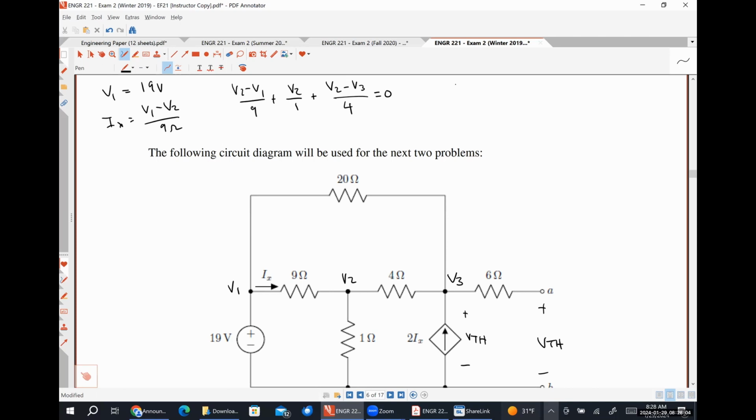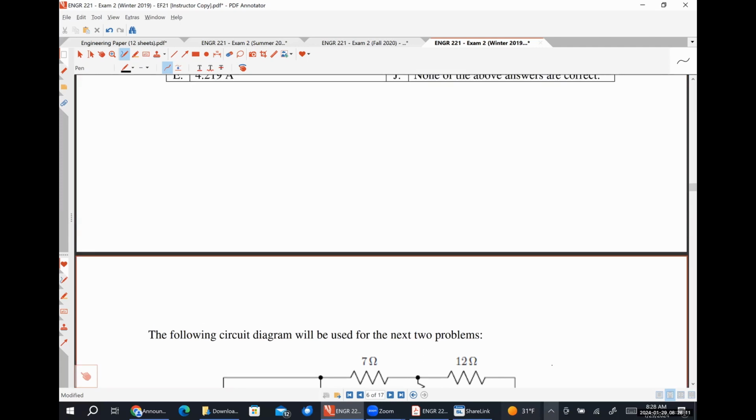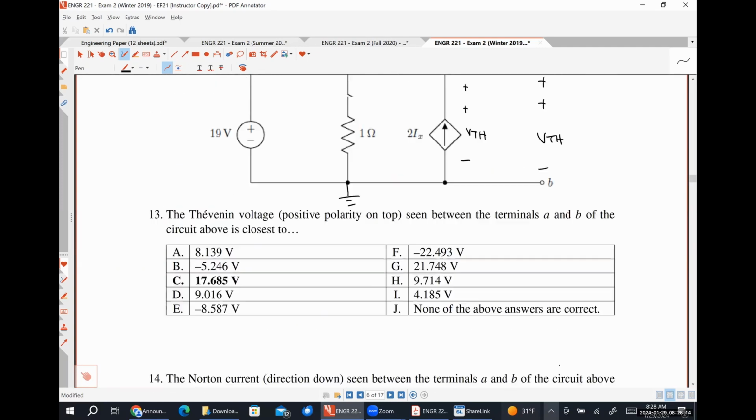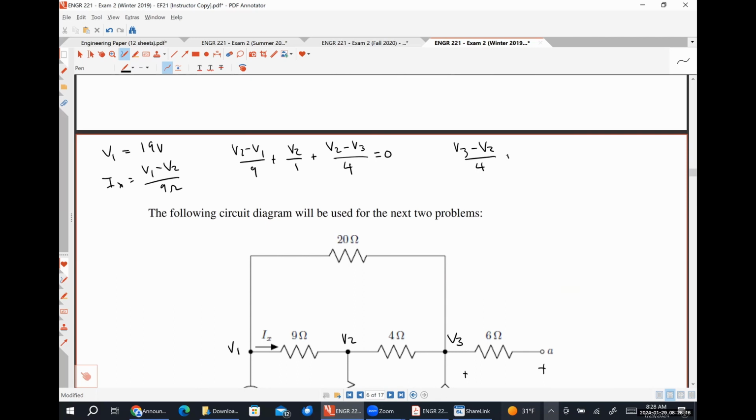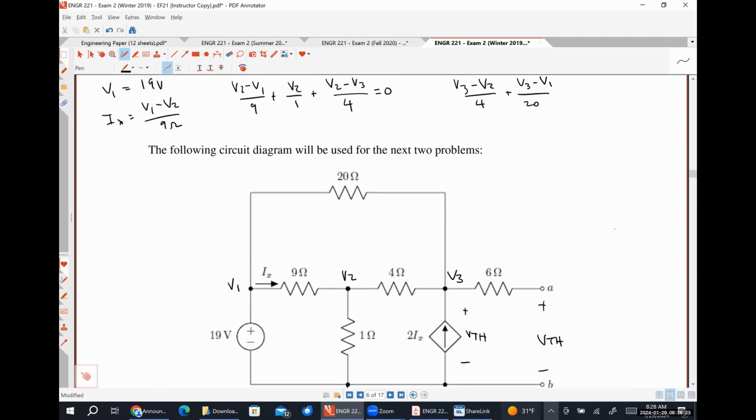That's going to look like V3 minus V2 over 4 plus V3 minus V1 over 20 minus 2Ix is equal to 0. Then we solve this system, and V3 is exactly the same as VTH. So that's our Thevenin voltage.